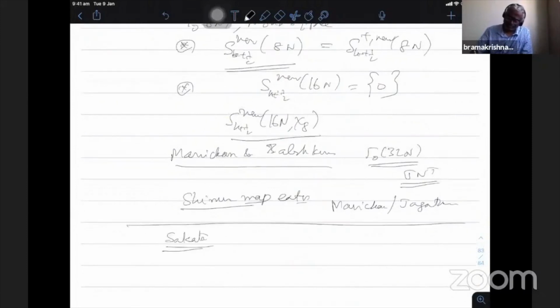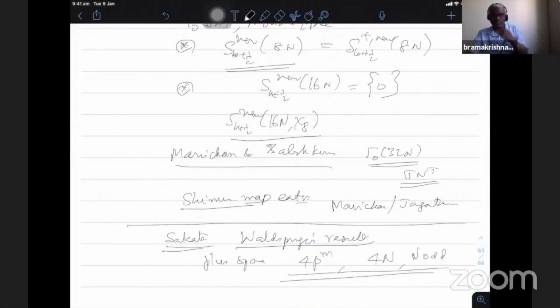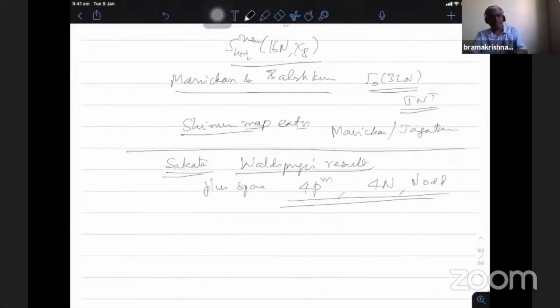What he did is the Kohnen result for the Kohnen plus space of level 4p^m, p odd, and also 4n, n odd. We take the plus space where the level is 4 times p^m, and that is the first paper he wrote. I think it appeared in the Mathematics Institute journal somewhere around 2000, and then later on he proved the other one.